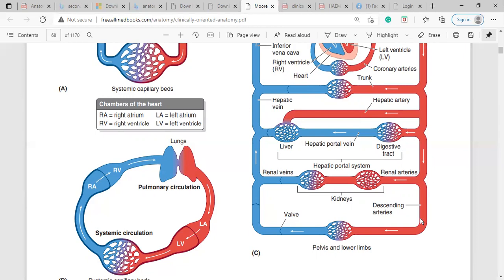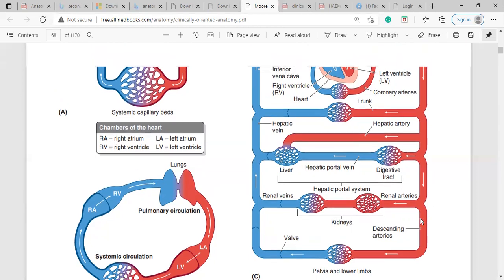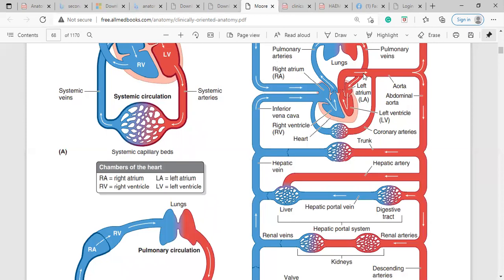So that aorta that left the heart split into different arteries to supply different organs in your body. And the ones I said you must never forget: the one that goes to the brain is called the carotid artery. The one that goes to your upper limb is called the brachial artery.